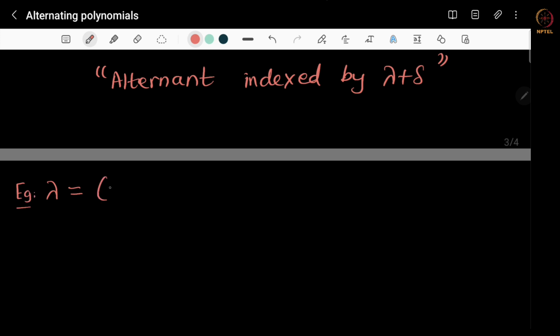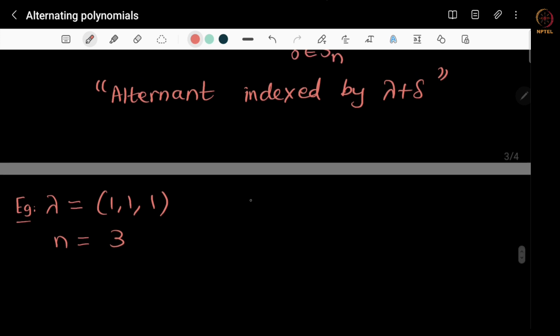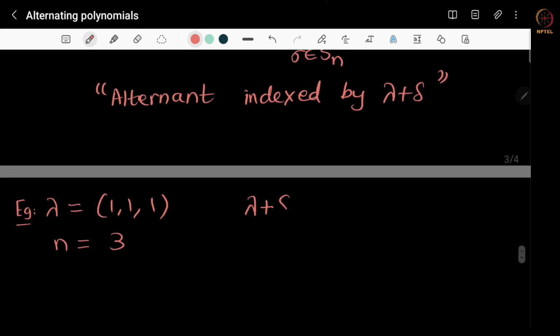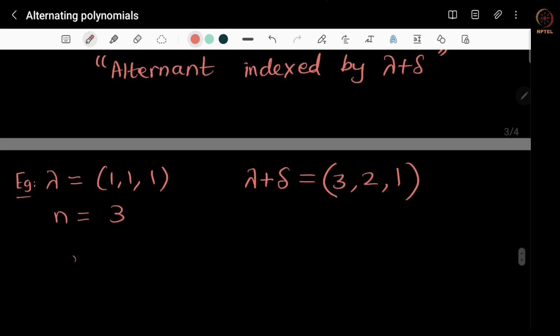This is the definition: A lambda plus delta is you take x to the lambda plus delta, apply permutation sigma to it, and also put epsilon sigma, the sign, in front. Now what's easy here is to see that this is alternating. This is called the alternate, indexed by lambda plus delta.